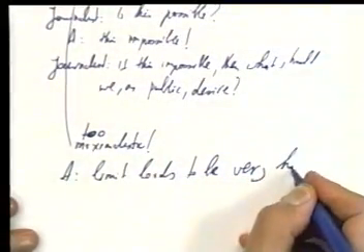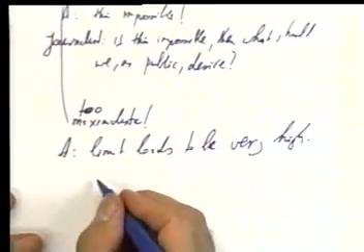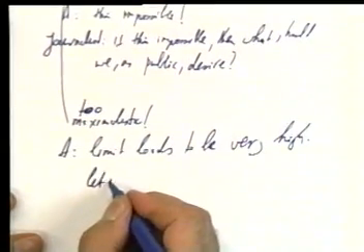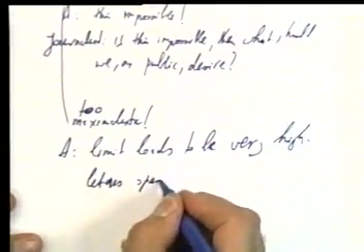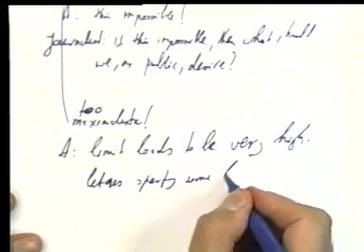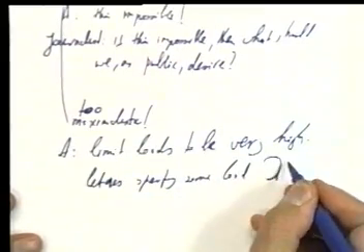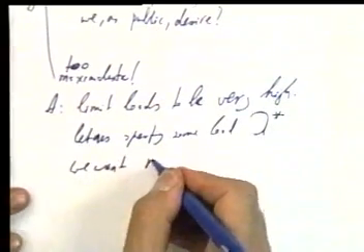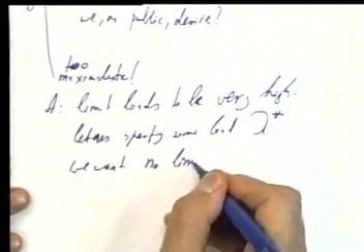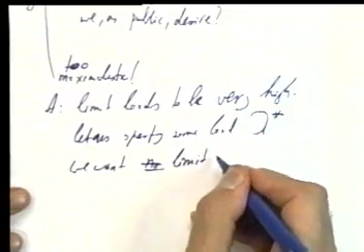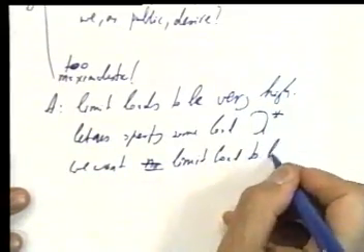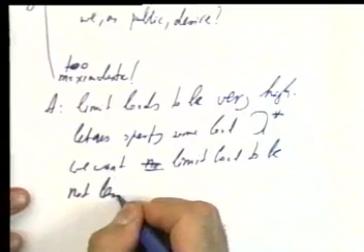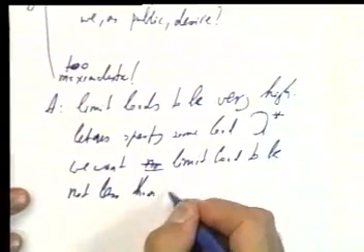Very high. That means, for example, let us specify some load, lambda star. We want the limit load to be not less than lambda star.